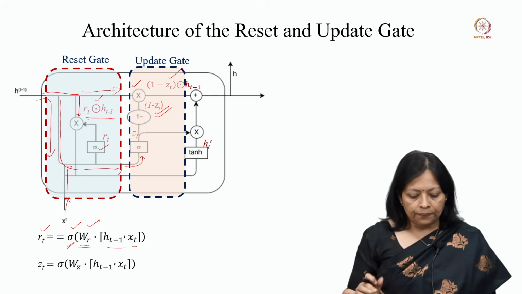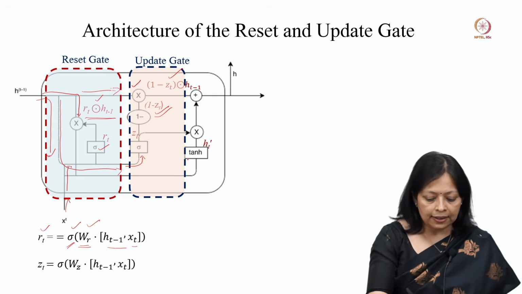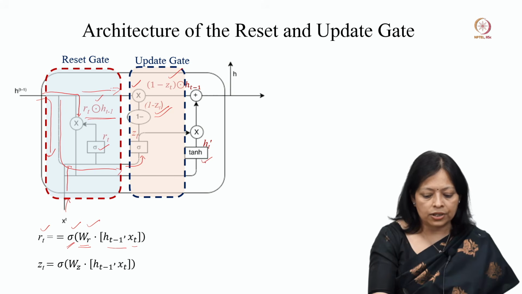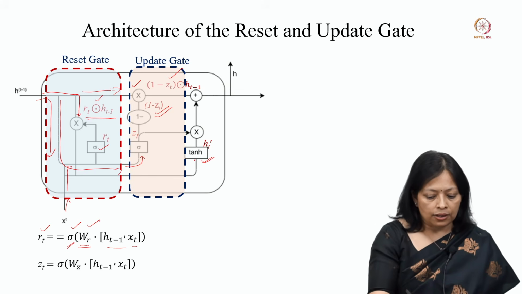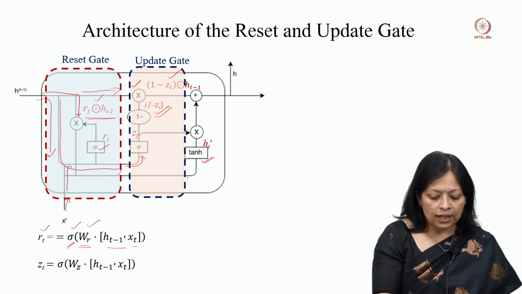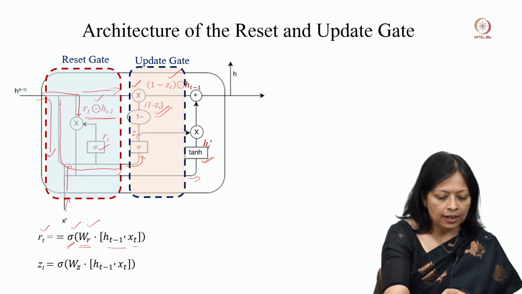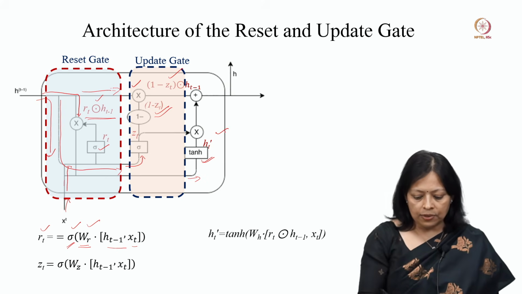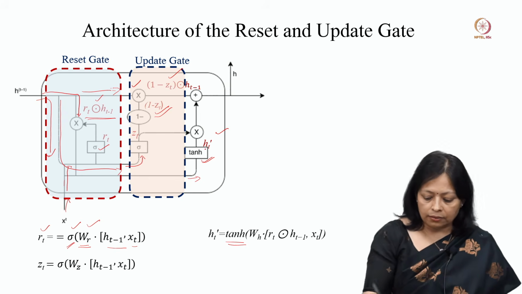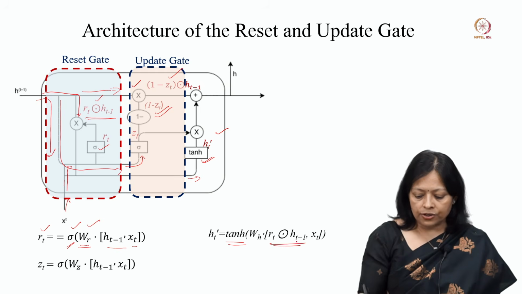Then there is another operation happening here, which is the tanH operation. tanH is operated over, once again, xt from here and ht minus 1 coming from that side. So, what is my h prime? H prime is tanH of RT HT minus 1 into XT.